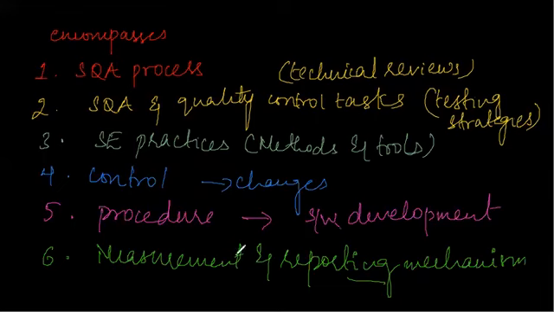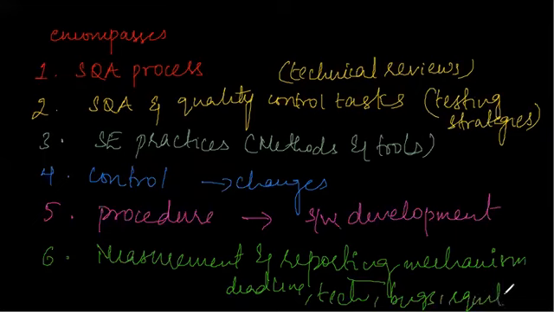When you might not be able to reach the deadline in time, or there are some issues within the technology, or some specific bugs, errors are there that are not being resolved, or some requirements problem is there, that is, they are not implemented the way the user wants them to be implemented. So these are the things that your software quality assurance is going to encompass. So these are 6 things that software quality assurance is going to have.